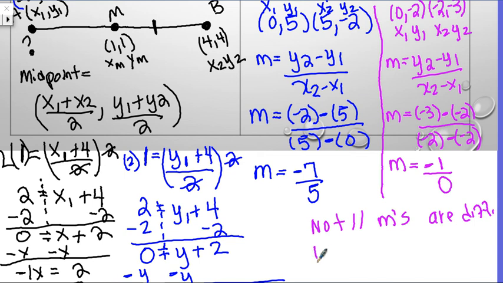We know they're not perpendicular. This is a symbol for perpendicular, because the slopes are not opposite signs and flipped fractions.